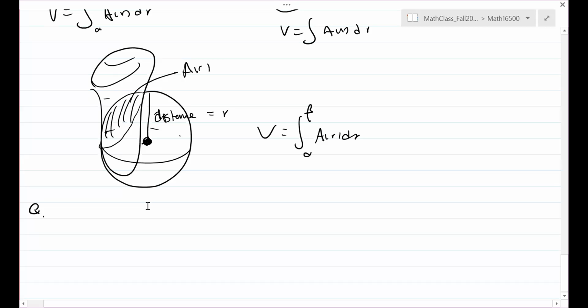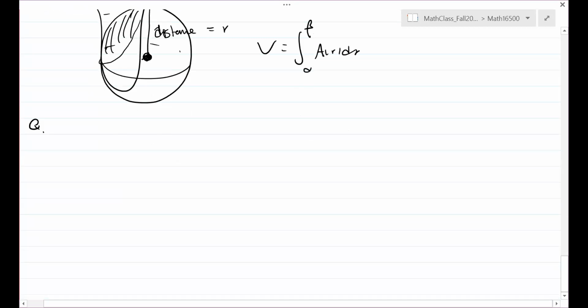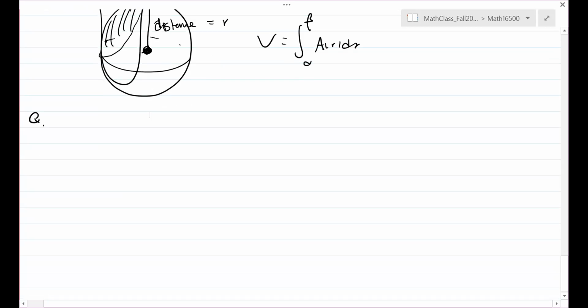Okay, now I'm gonna sketch that. All right, so the region is bounded by a curve. So still the same region, but we are going to rotate about the x-axis.